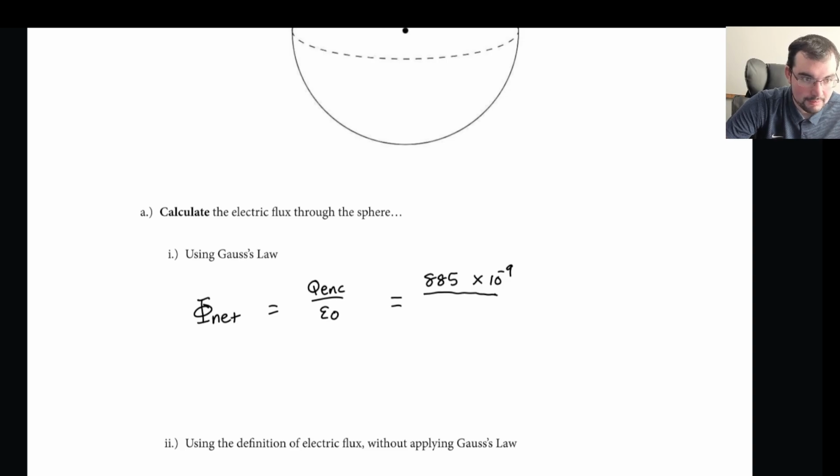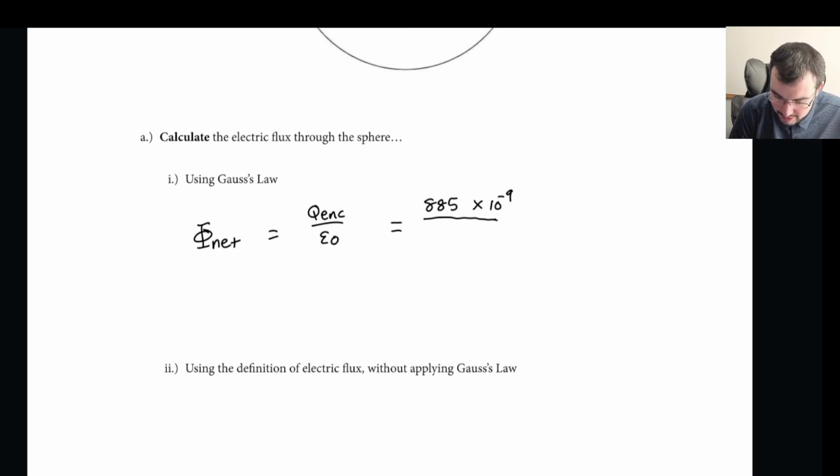This is not Coulomb's K, so don't use 9 times 10 to the ninth. This is conveniently 8.85 times 10 to the minus 12. I say conveniently because I picked it so that the numbers divide out. If I bump the decimal over here, we should get 100,000 as our number.